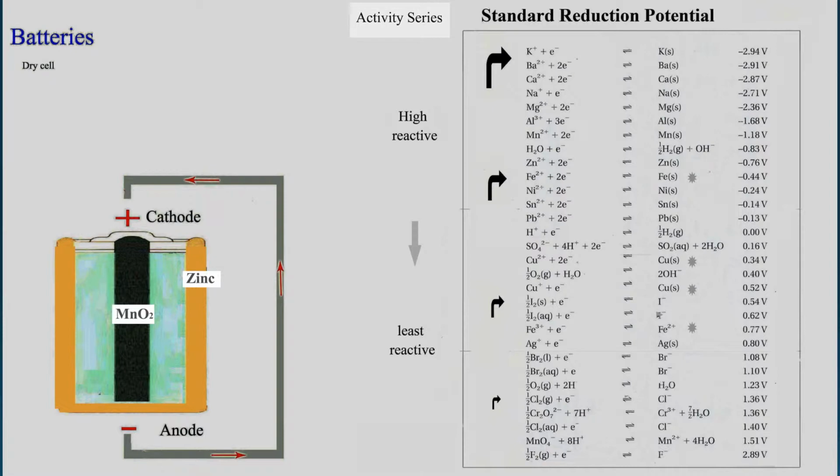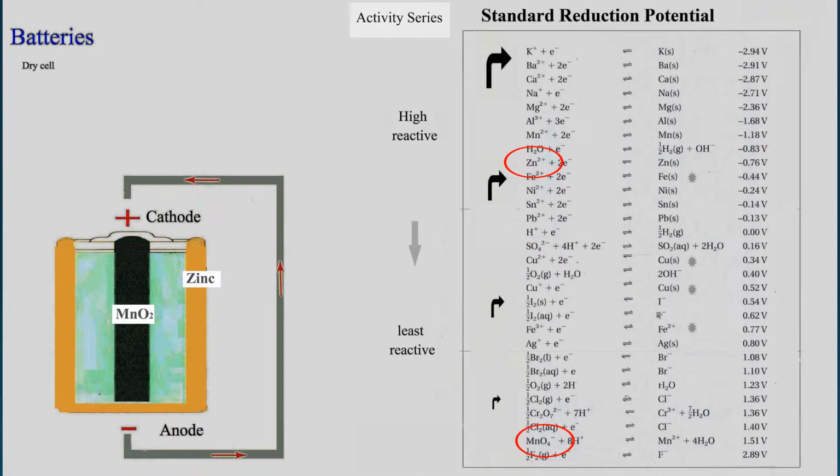Why are they choosing these two materials? Reason: zinc is highly reactive. It is in the upper reactive group. Then your next question will be, why not choose something even higher?